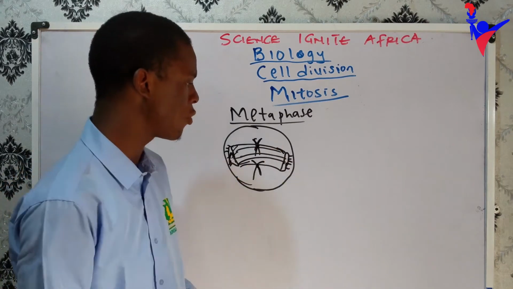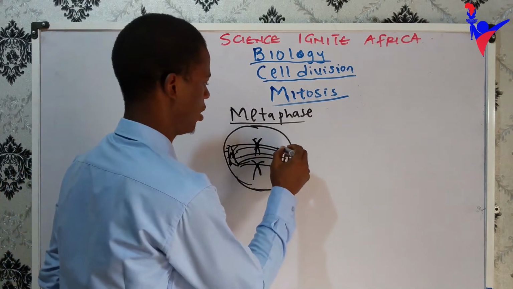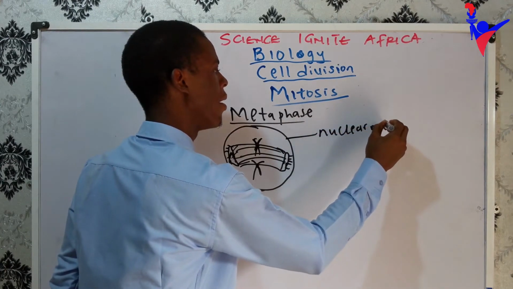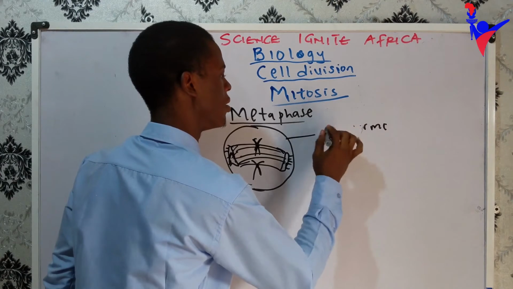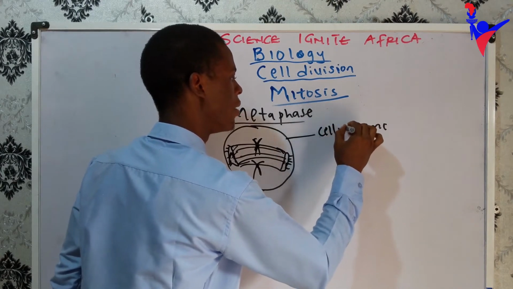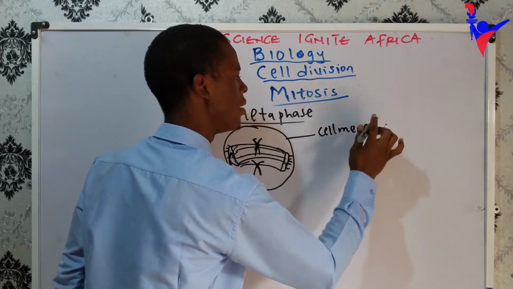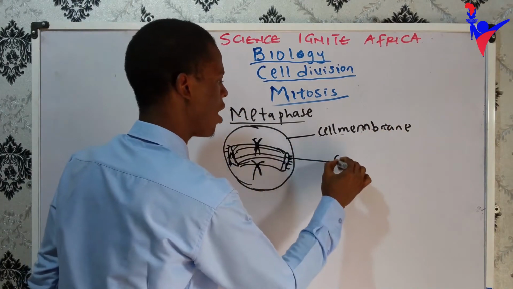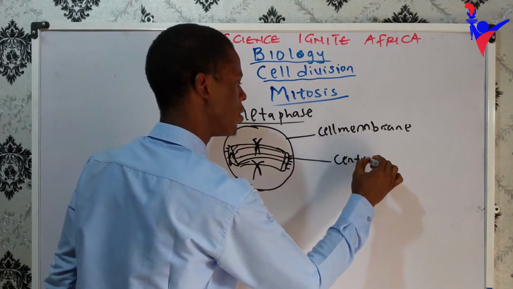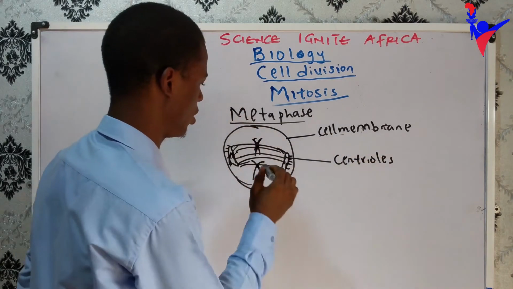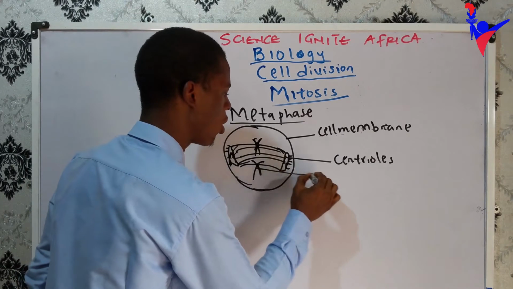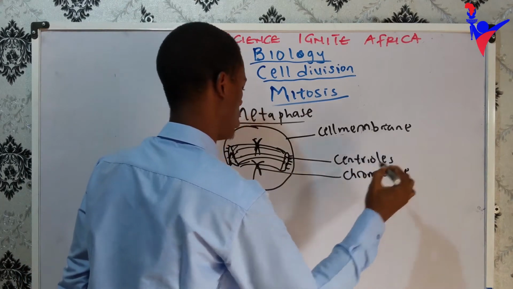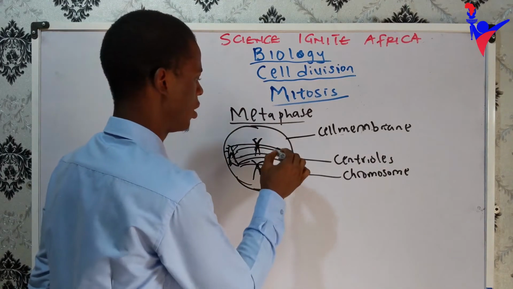Here you have the cell membrane, you have your centrioles, and you have your chromosomes.